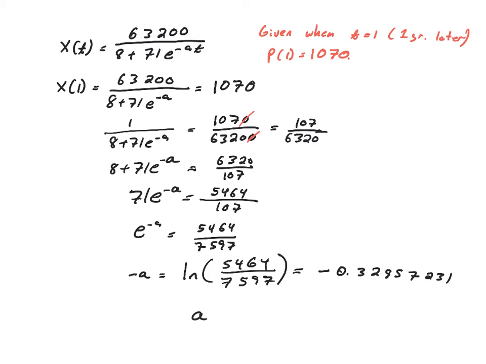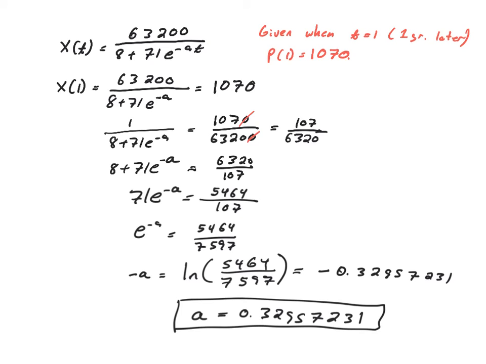And that just means that a is equal to 0.32957231. Oh my goodness. Sometimes I don't like application problems because in real life, numbers are horrible, horrible things.